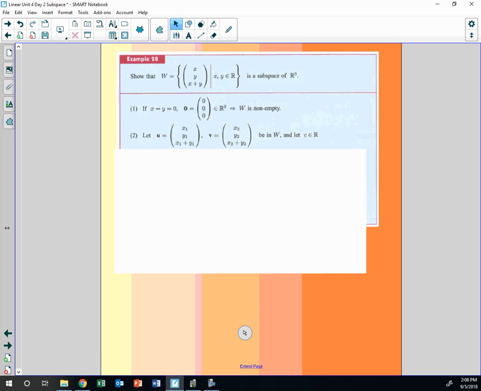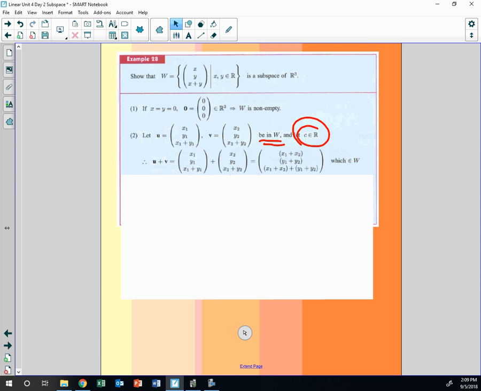This is the nitty-gritty part. We have to say they're in W, and when we prove the second part, C is going to have to be an element of the reals. So U is this, V is this, in W, and C is an element of the reals. We're going to use that as the scalar multiplier.